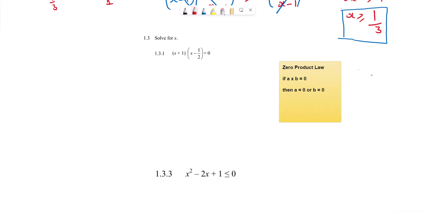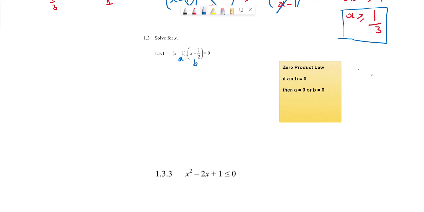So we can apply this zero product law here, because look at this beauty. We can represent the first bracket as a, then we represent the second bracket as b. Both of them are multiplied, and they evaluate to 0.